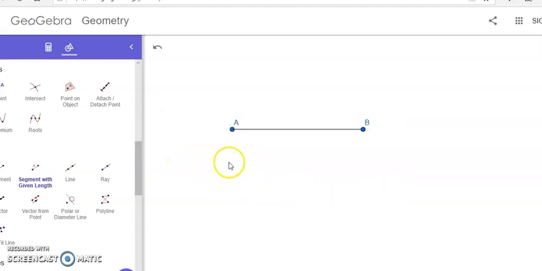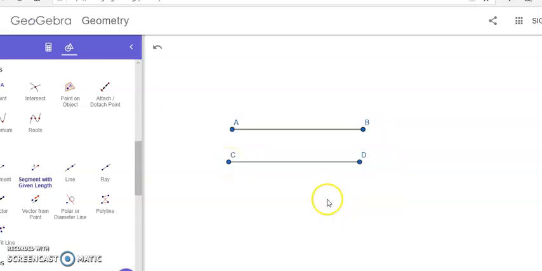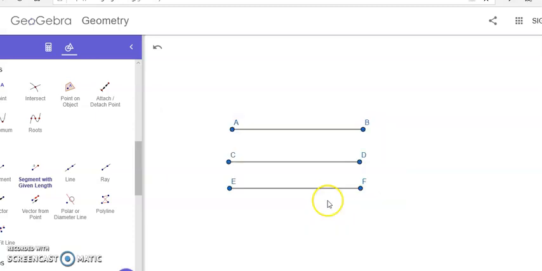And again draw another length of same measurement, that is 6 centimeter. Now can we say the line AB is equal to CD? Yes, we can. Again draw another line of length 6 centimeter, and name it as EF. Now can we say the line CD is equal to EF? Yes, the line CD is equal to EF.